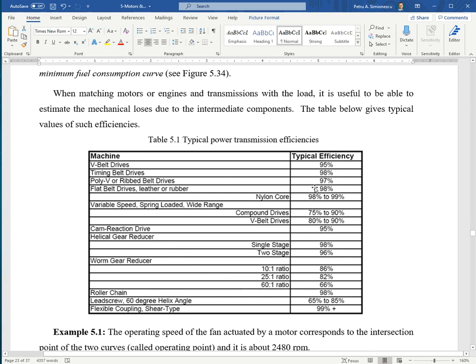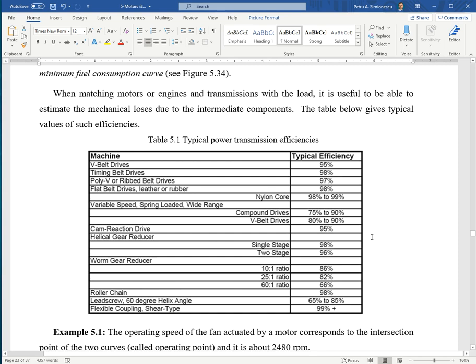So you can estimate the loss or the total efficiency by multiplying. Say I have a gear pair in series with a V-belt. So I'm multiplying the typical efficiency of the V-belt, 95, with that of the single stage gear reducer, 98, and you get the corresponding result.